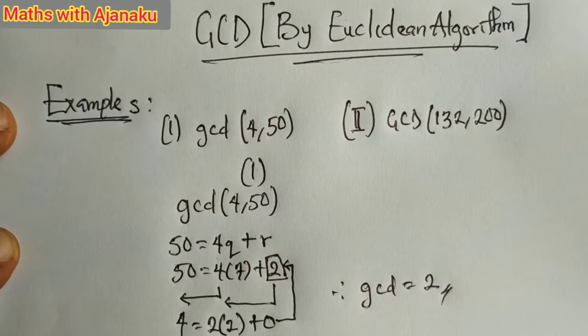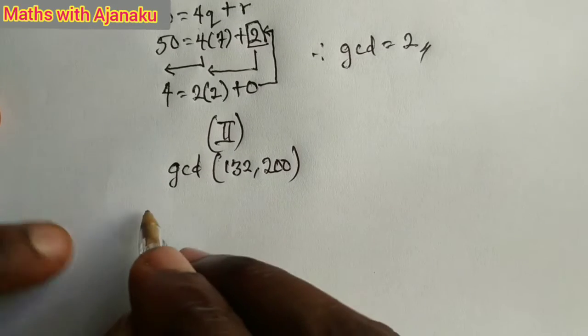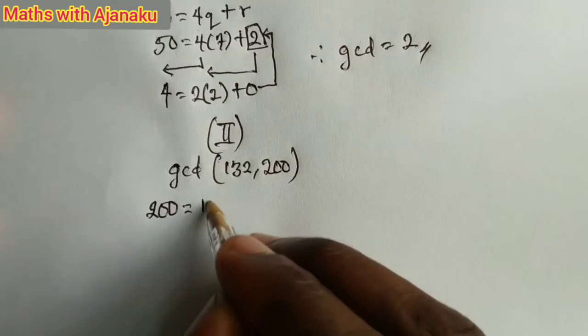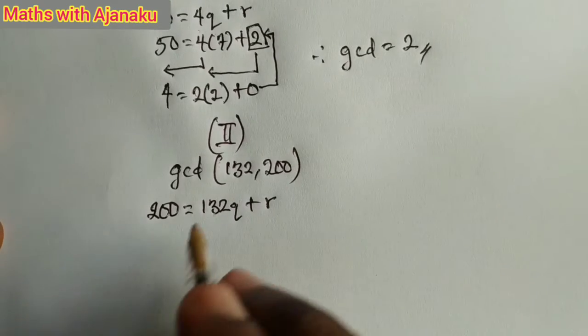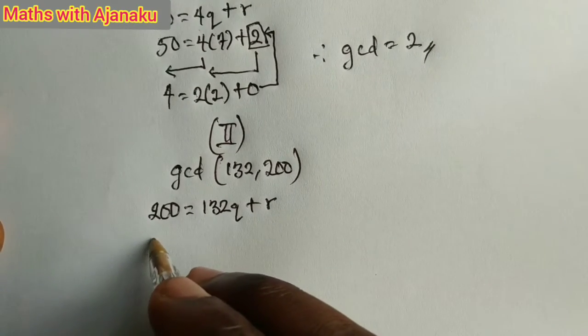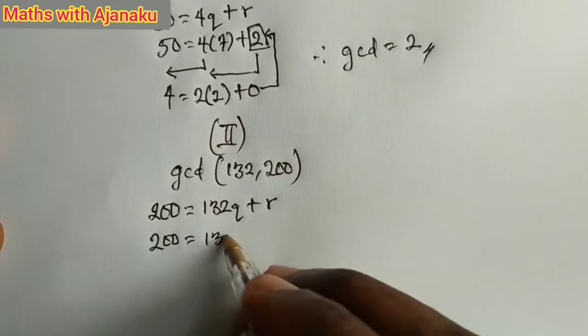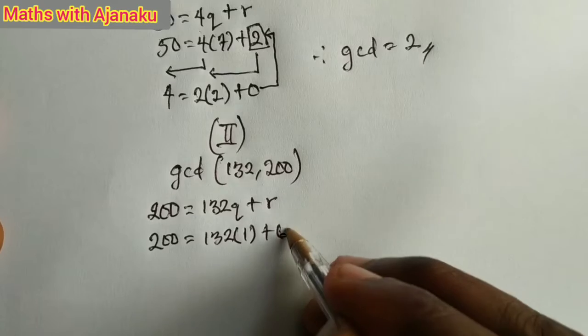Let's go ahead to check the second question. Here, this can be interpreted as 200, which is the largest number, is equal to 132 times some q plus some r. Of course, 132 going into 200 once, that's 200 is equal to 132 times 1 plus the remainder of 68.